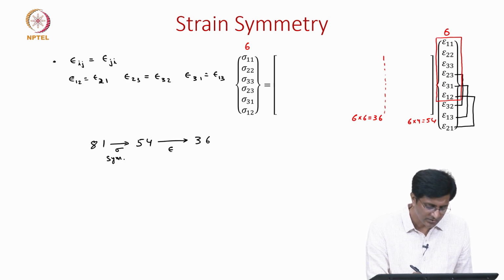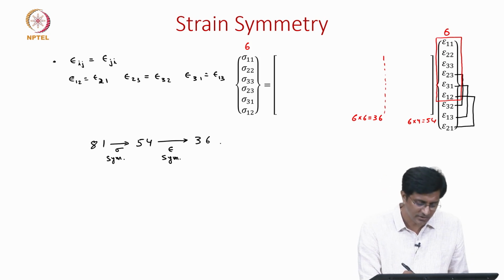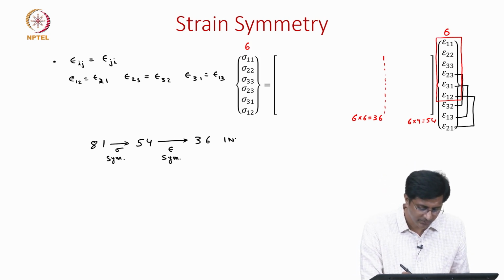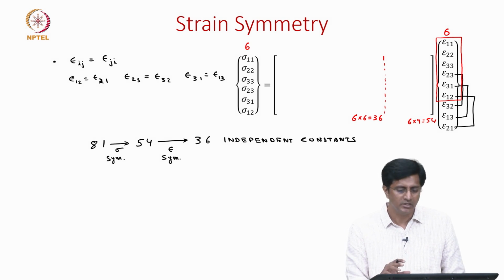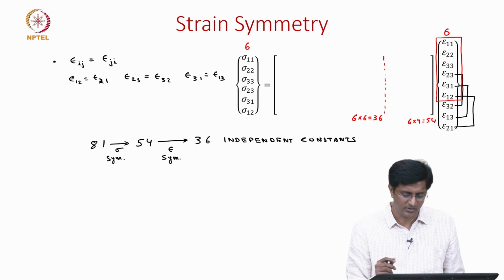Here we have considered the strain symmetry. So, we just need these 36 independent constants to define the relation between the stress and strain in a linear elastic anisotropic material.